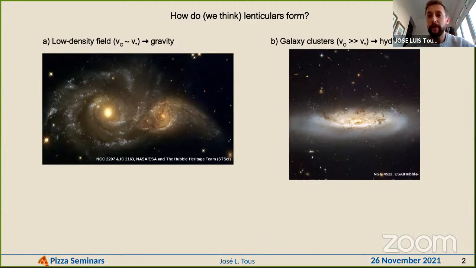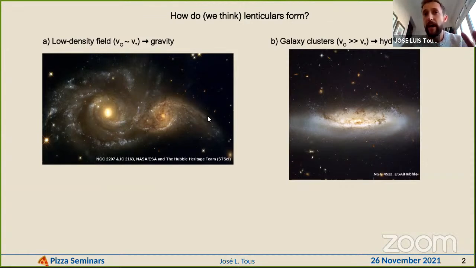Also, it could trigger a starburst that consumes most of the cold gas that the galaxies had available to form new stars, and also to grow a central bulge. Mergers can occur in the low density general field because the velocities at which the galaxies move are similar to the internal velocities of their stars.